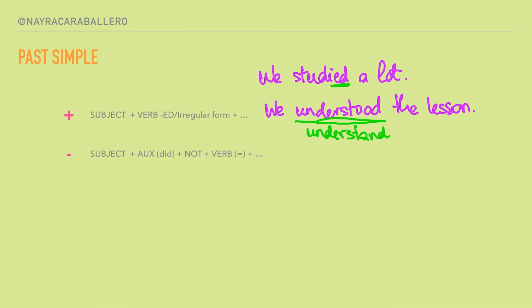So if we want to say one of these sentences in negative, we have to say we didn't study a lot. Okay. As you see here, as we have didn't, it is not necessary to write study with ed ending. We just write study in infinitive form, okay?